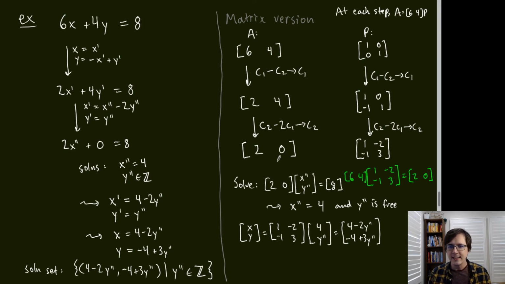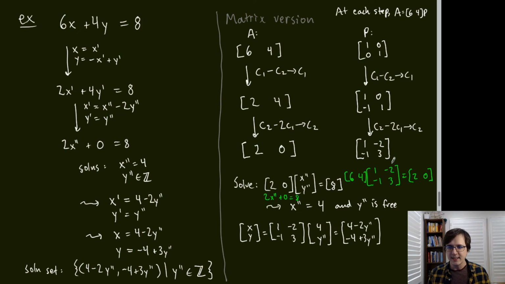Okay, so then the next step is we take this reduced matrix and we want to solve this equation, where I'm using double primes just to match up with the left-hand side. And this equation is just 2 times x double prime plus 0 equals 8, written out not in matrix notation. So x double prime is 4, and y double prime is free to be any integer.